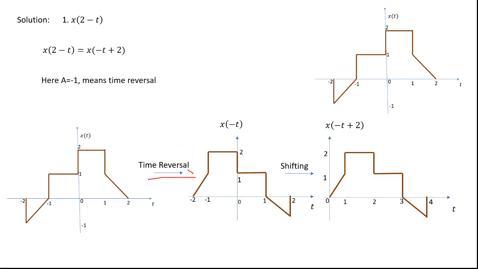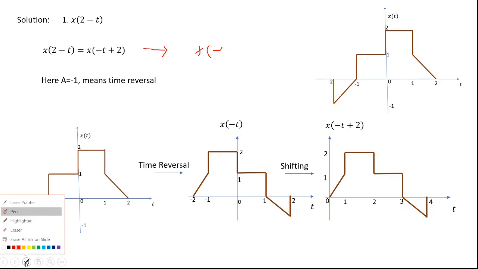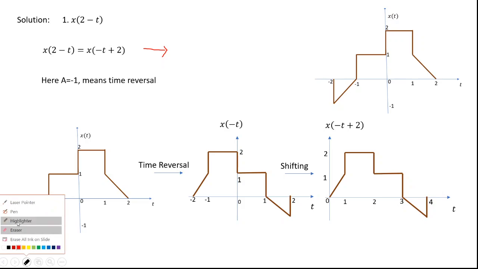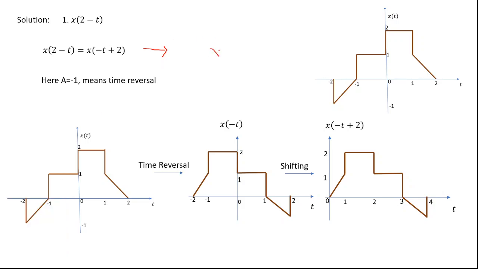Now that time reversal is done, we are left with the time shifting. Now see, this is x(minus t plus 2), which we can write as x(minus of (t minus 2)).